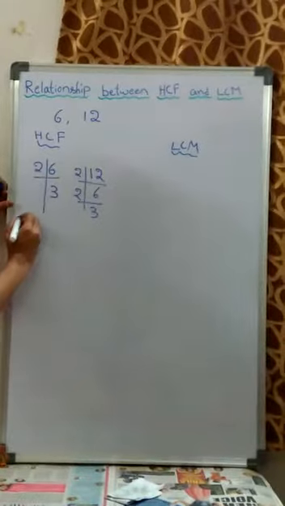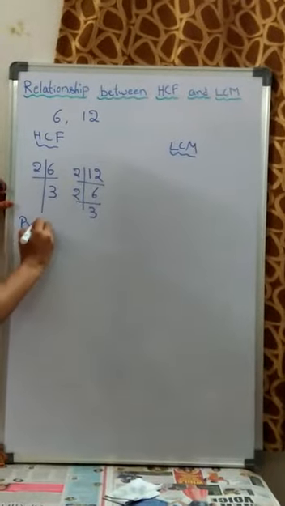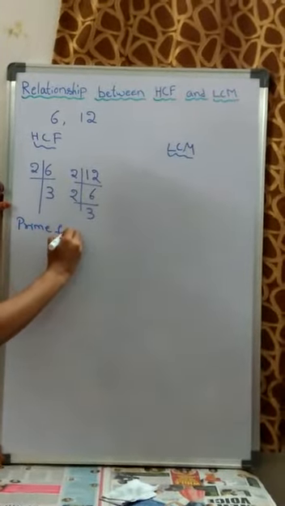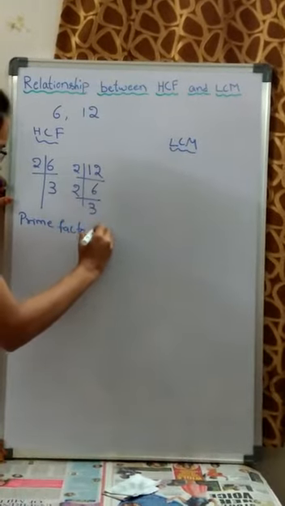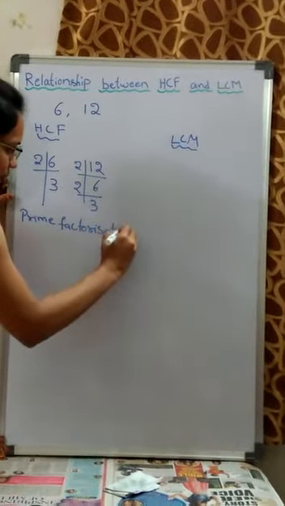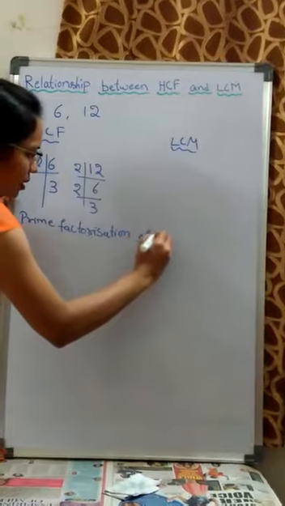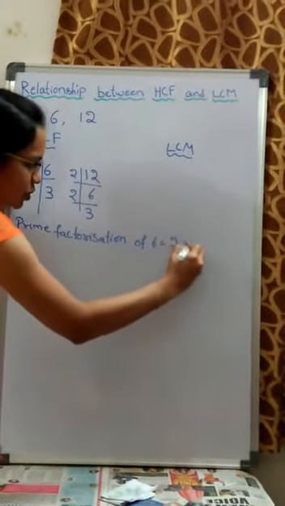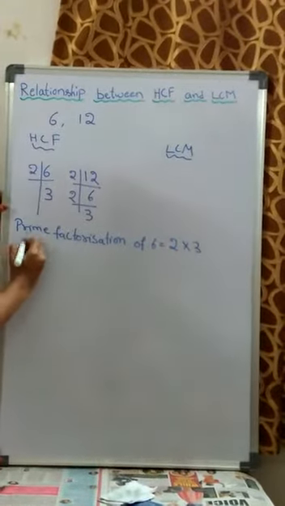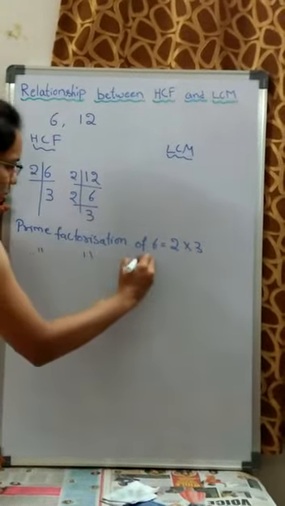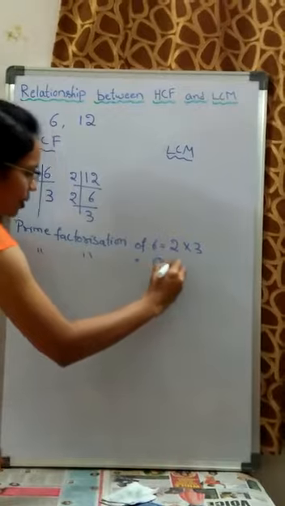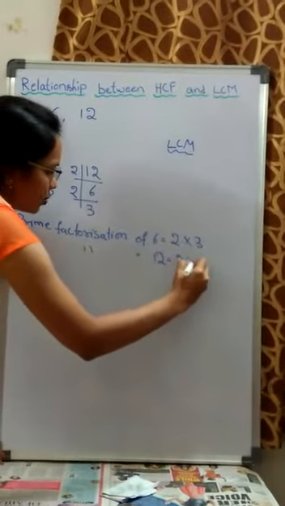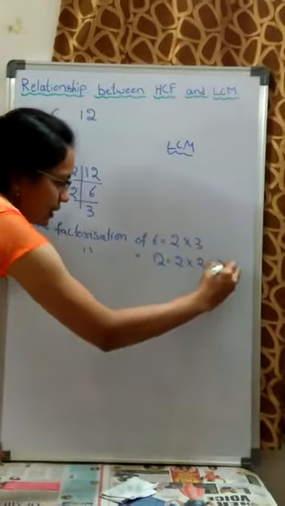Now I am going to list the prime factorization here. Prime factorization of the number 6 is nothing but simply 2 into 3. Now I am going to write the prime factorization of 12. It is 2 into 2 into 3.